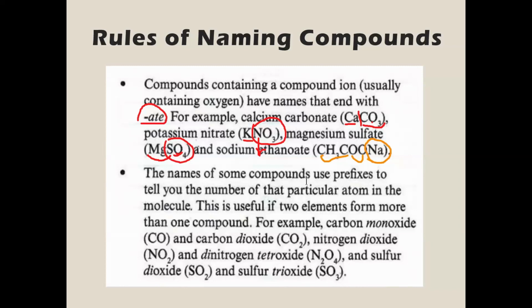The name of the same compound uses prefixes to tell you the number of that particular atom in the molecule. And this number should follow the Latin numbering. What is the Latin numbering?